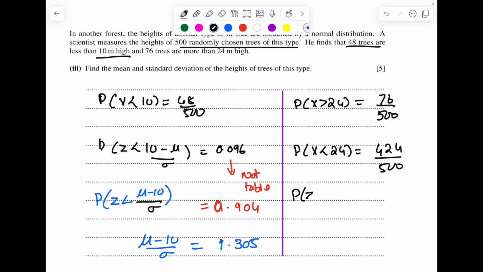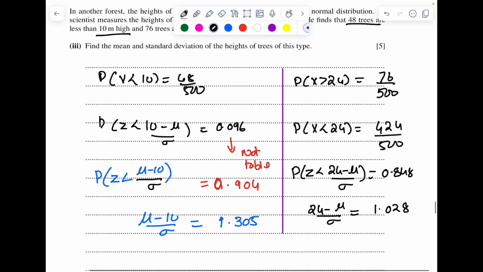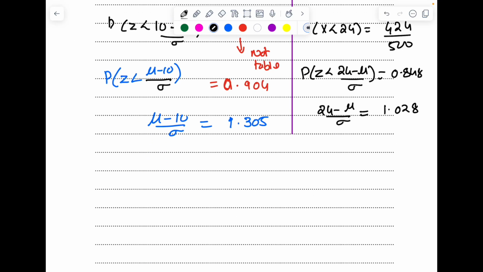So probability of z less than (24 minus mu) by sigma equals 424 divided by 500, which is nothing but 0.848. So 24 minus mu by sigma equals 1.028.